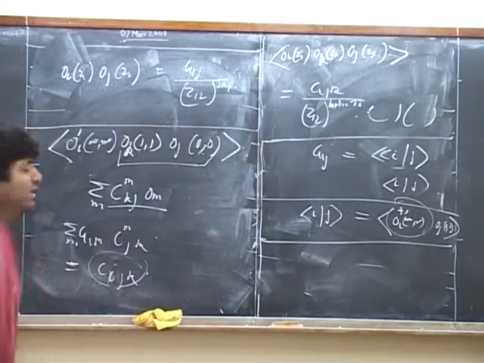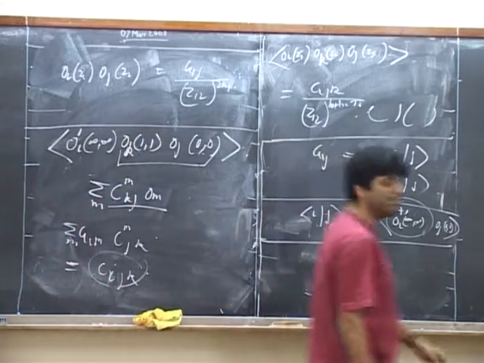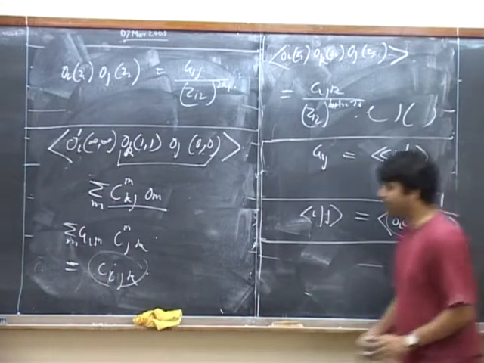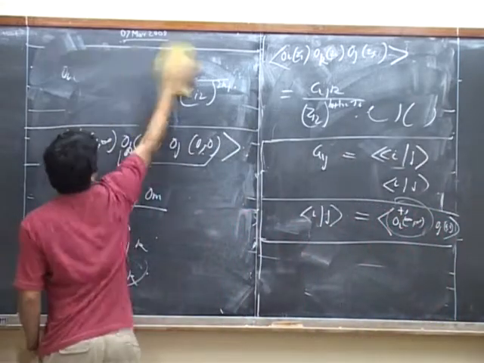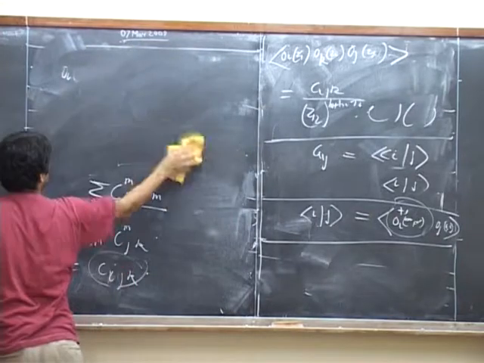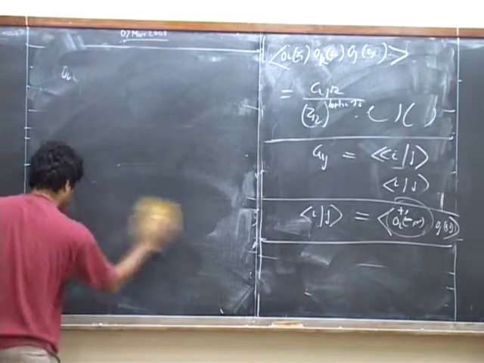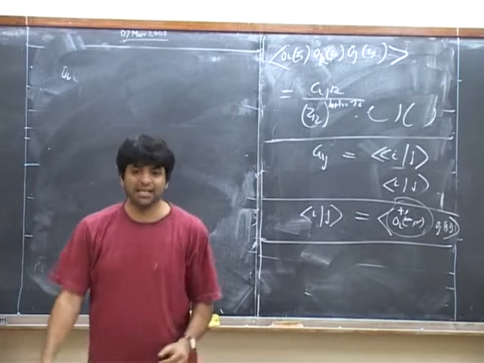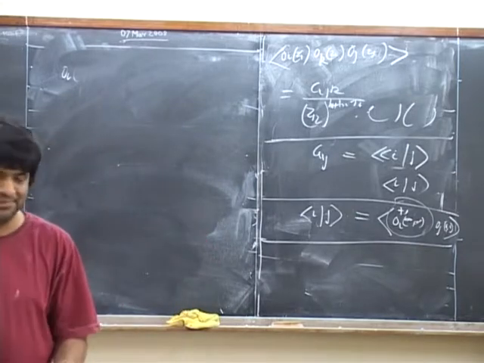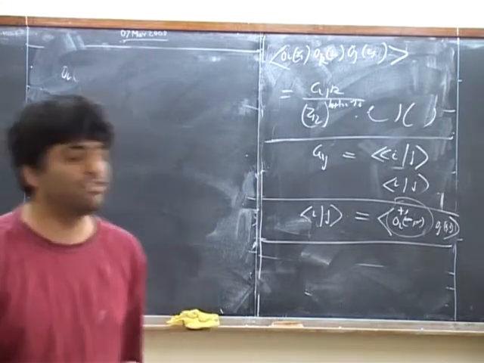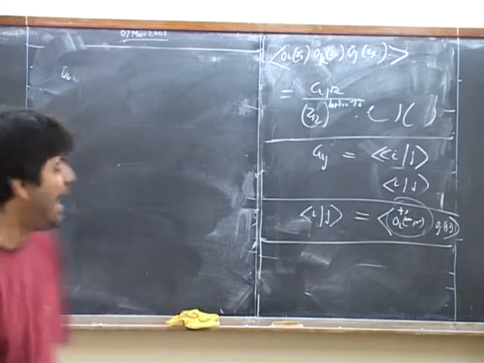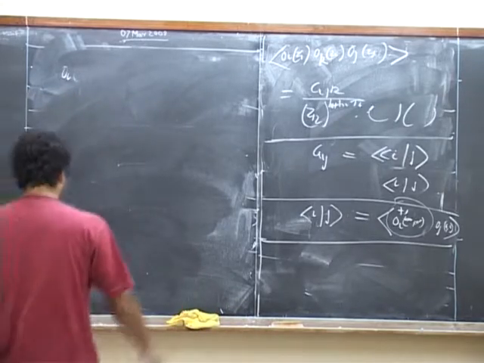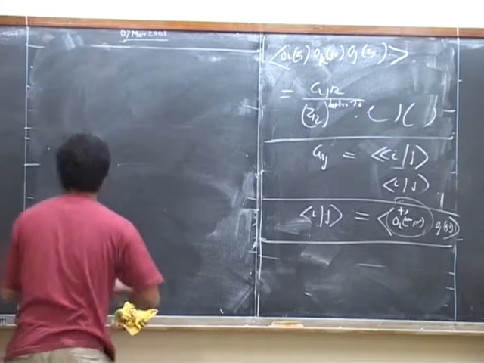Okay? So, to start with, I'm going to ask a simpler question. I'm going to ask the following classical question. Suppose we've got a certain classical function of weight h and h bar, and it's expanded in W coordinates.